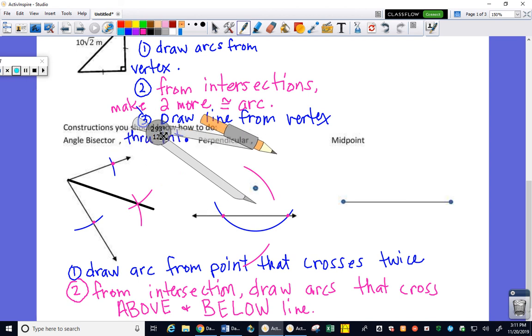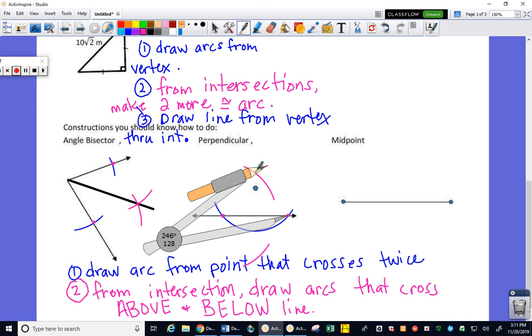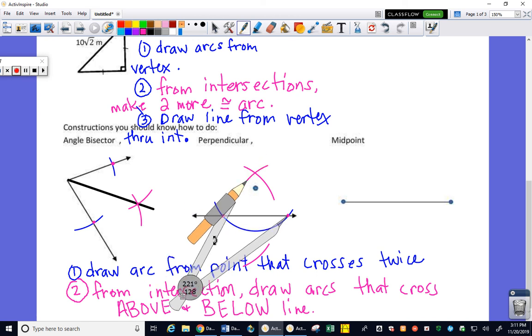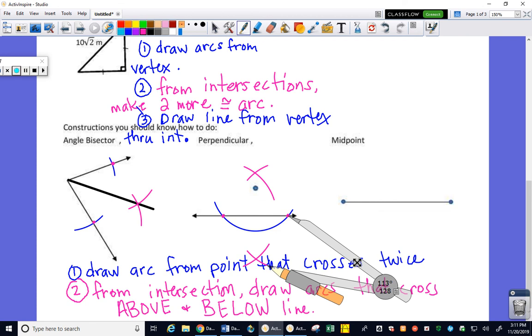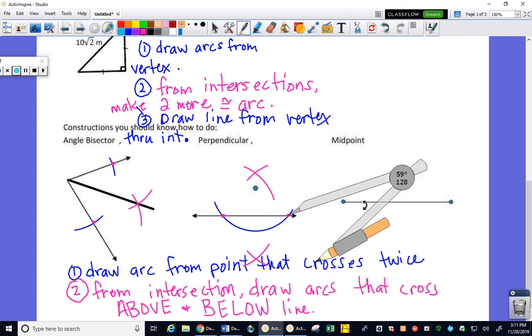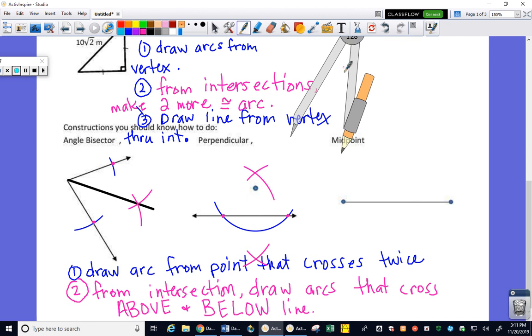Then we move over to this side, put your needle over there, and make our arc above, and make your arc below. Once again, we're trying to figure out where these things intersect. That's the most important part of our construction, finding the intersection of these arcs. Then the last step is to draw a line from your point through both of those dots.